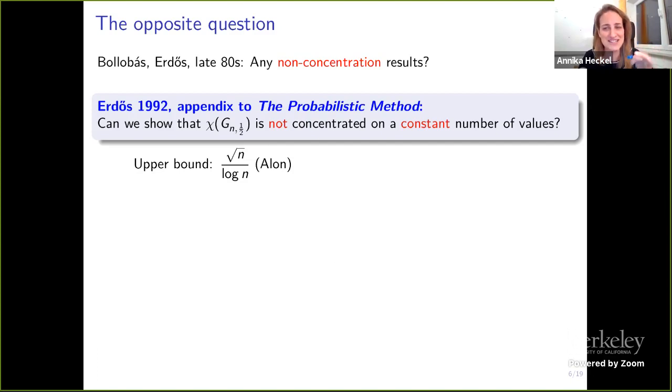So this does not seem like the most ambitious question, but still it remained open for a long time. I think essentially because while we have tools to show something is concentrated, we don't really have a lot of tools to show something is not concentrated, other than in special cases where we can just work out the entire distribution.